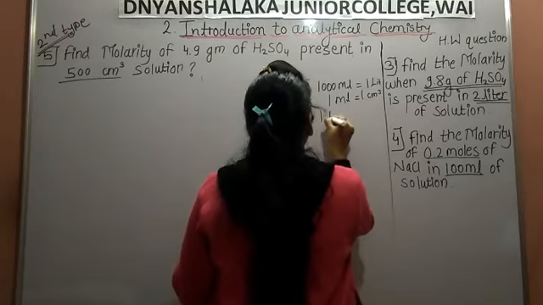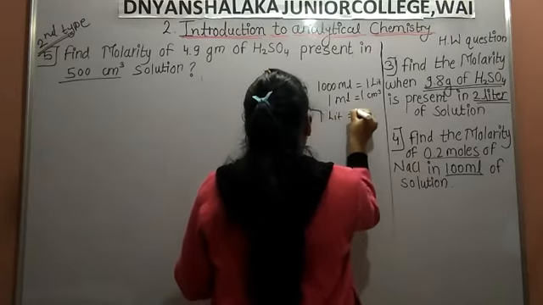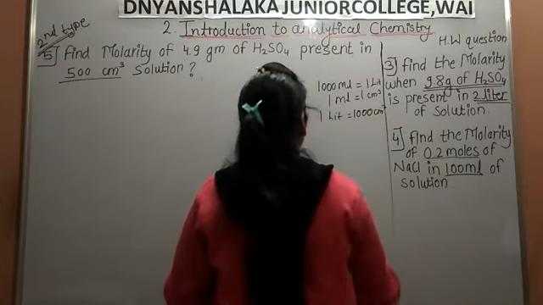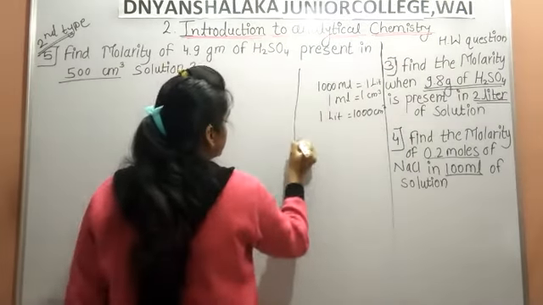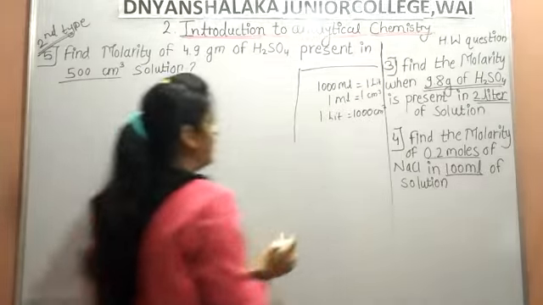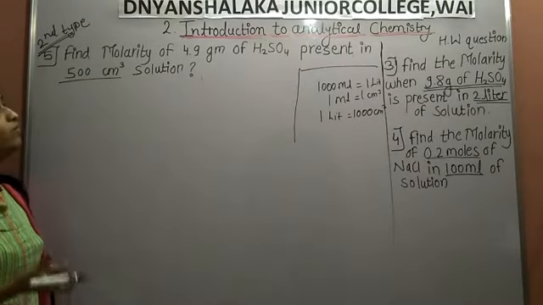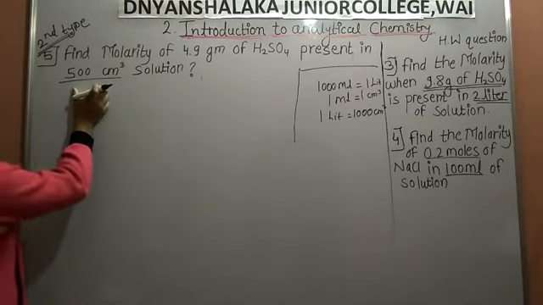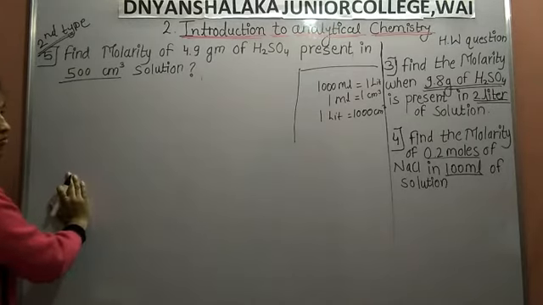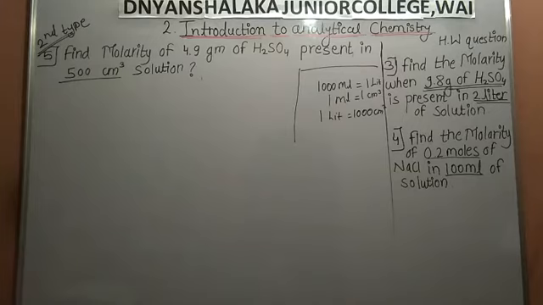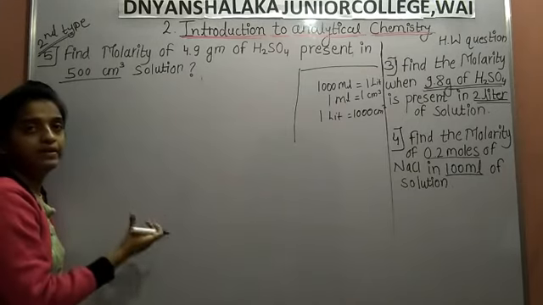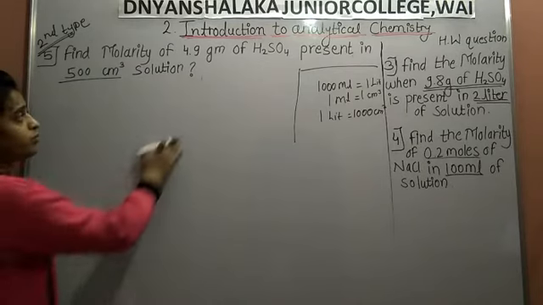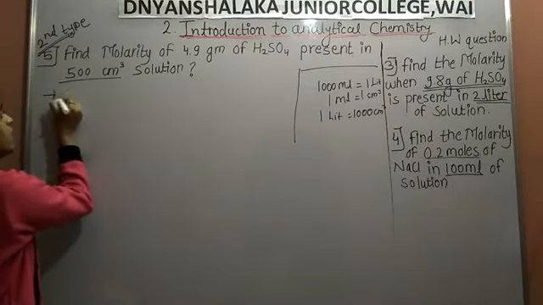Next, 1 liter equals 1000 cm³. Using these three relations, we solve this next type of molarity concept. In this question we are given 500 cm³, so first convert the cm³ unit into liters or milliliters, then find the molarity of the solution. So in this question, first write the given values.